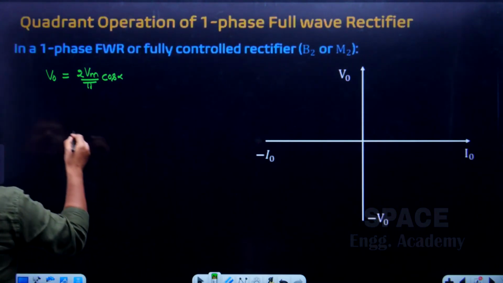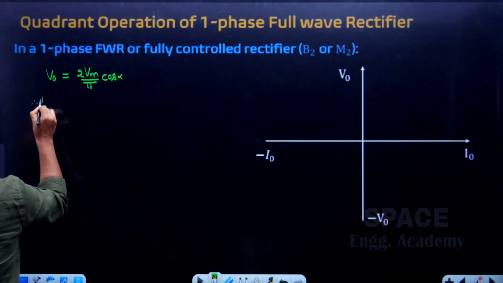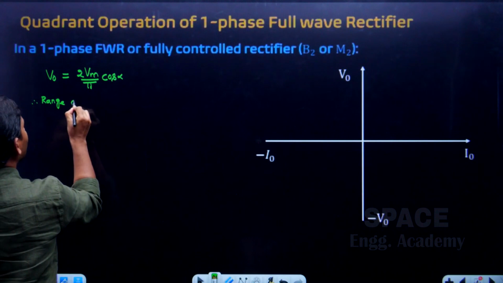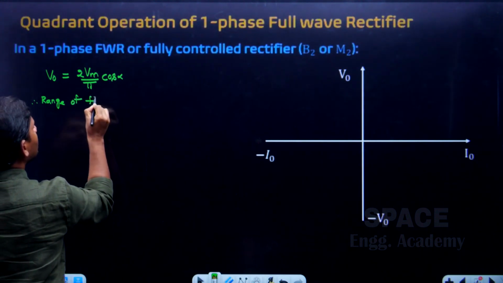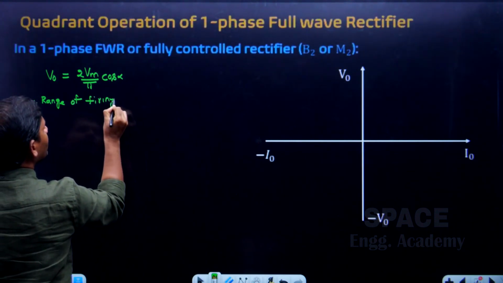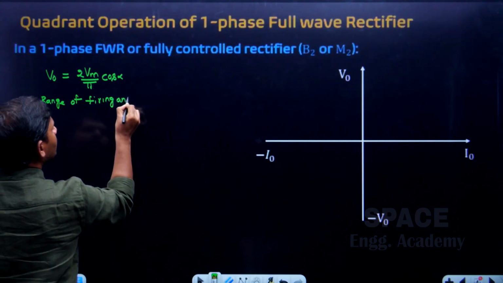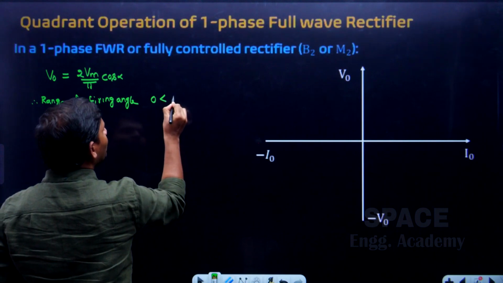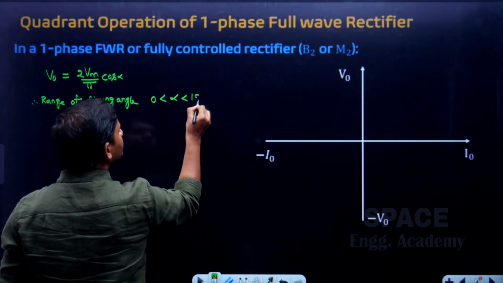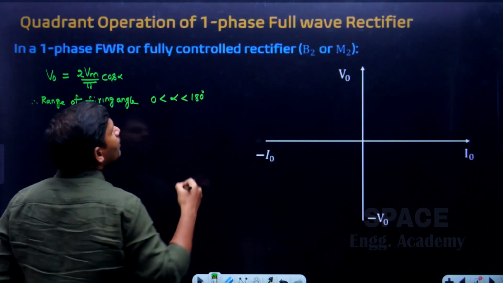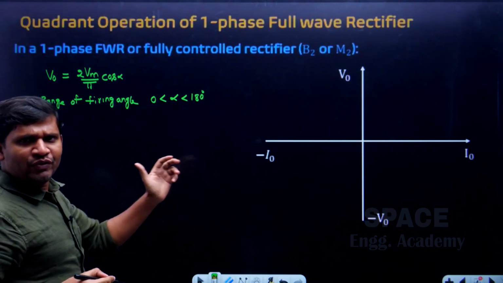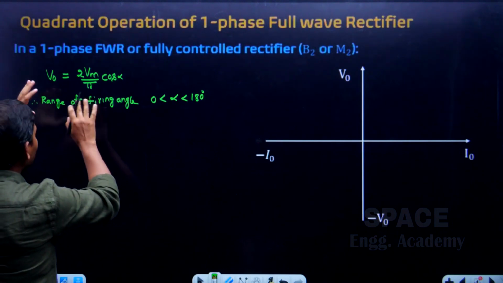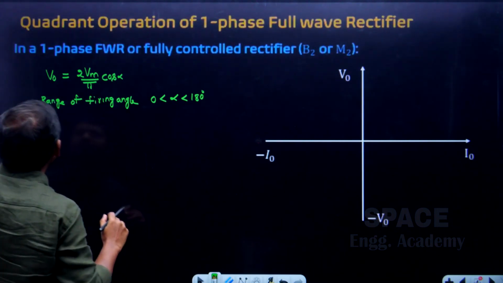What is the range of firing angle, students? The range of firing angle is 0 less than alpha less than 180. For any firing angle between 0 to 180 degrees, you check the polarity of voltage and current.